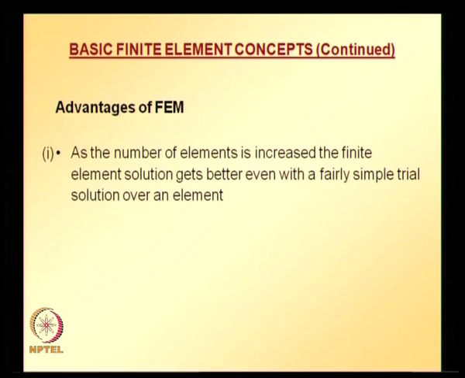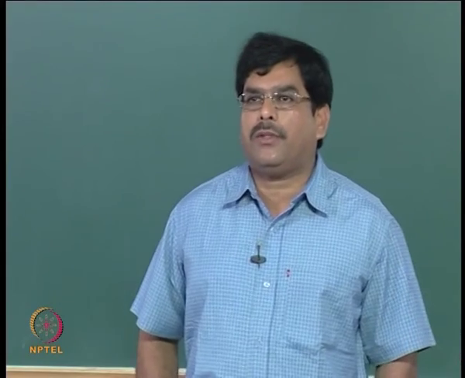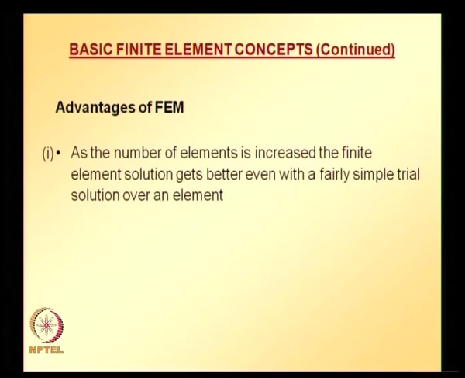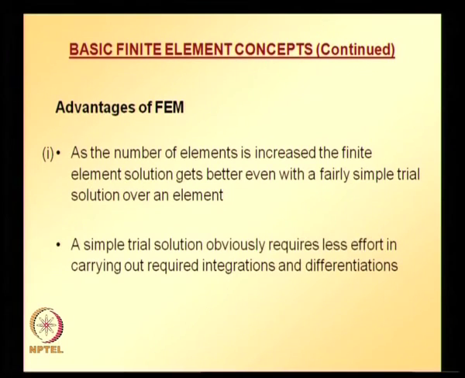Please remember that we have used the simplest trial solution that we can use, that is a linear trial solution, and you also observe that as the number of elements is increased, the finite element solution is getting better. A simple trial solution obviously requires less effort in carrying out the required integrations and differentiations.